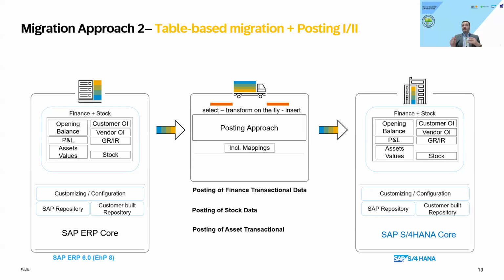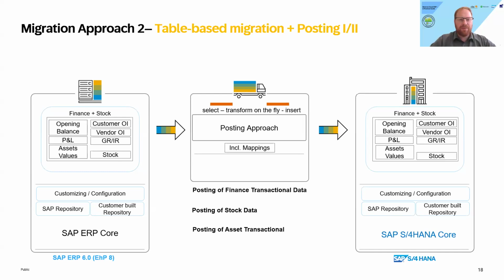What you can do in some cases is define the area of the system where you want to move historical data and use the table-based approach, and in areas where you want to introduce more innovation and you are not interested in the legacy data, you can use the posting approach. And in some cases we can use both technologies and have hybrid approaches.